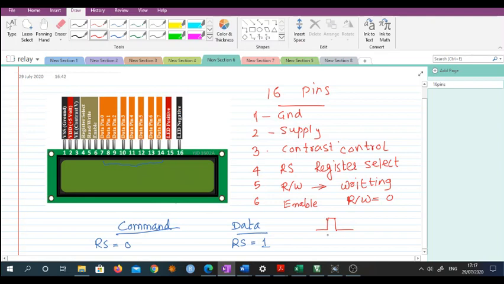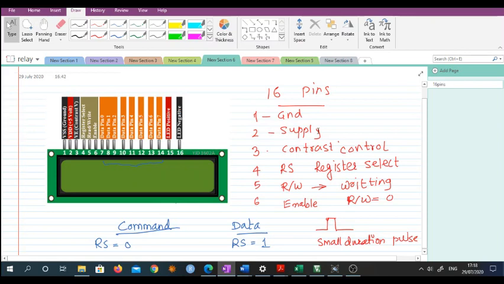So for this, a very small duration spike or pulse we need to provide at the enable pin. These are the main important pins that we have to take into consideration while programming LCD displays.